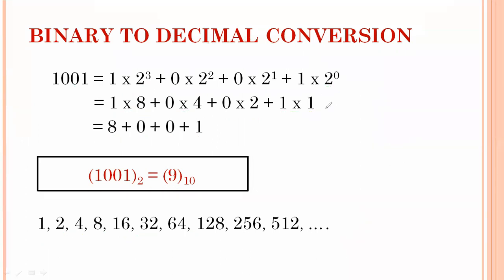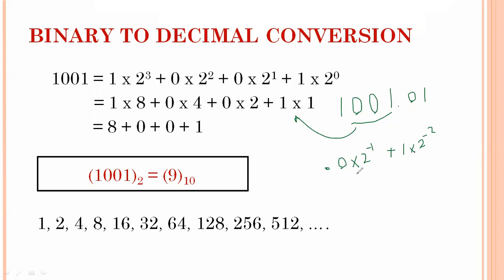Now let's see if we have a fractional value, like 1001.01. This part will be the same, and we execute from the 0 after the point, so it will be 0 into 2 raised to power minus 1 plus 1 into 2 raised to power minus 2.